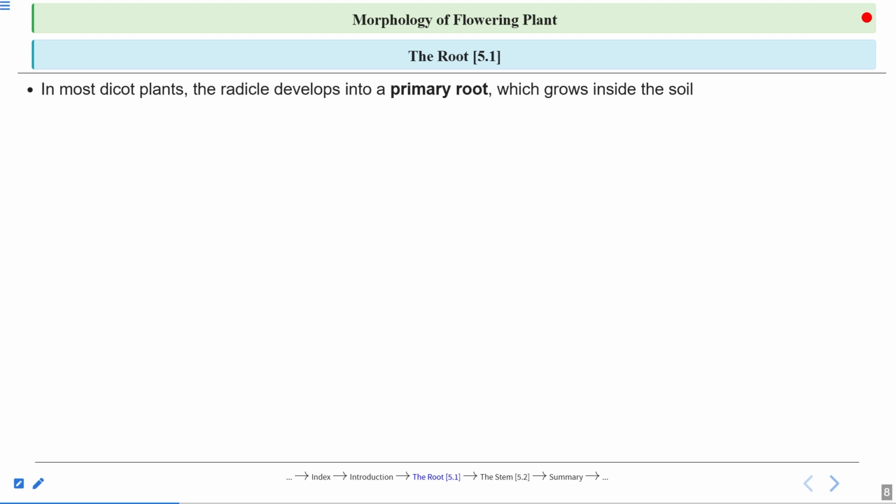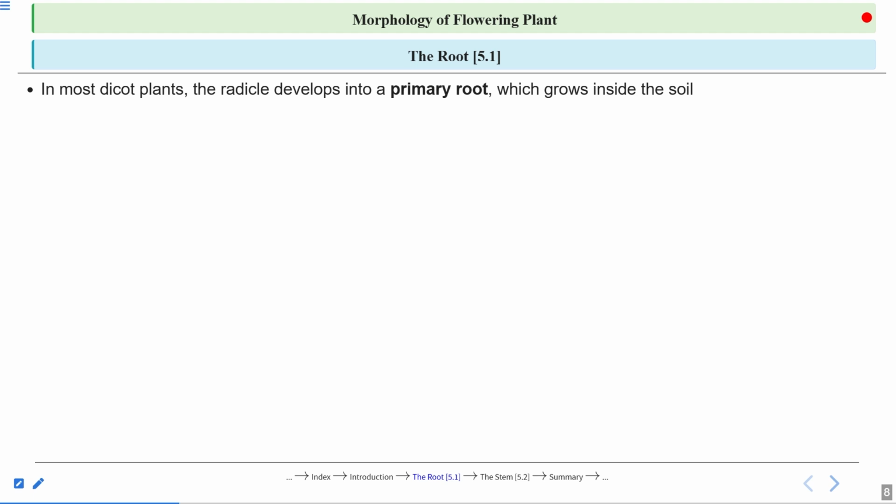The answer to this question is that monocot stems are not very strong. They have weak stems, and they require many fibrous roots so that these weak plants get established in the soil.